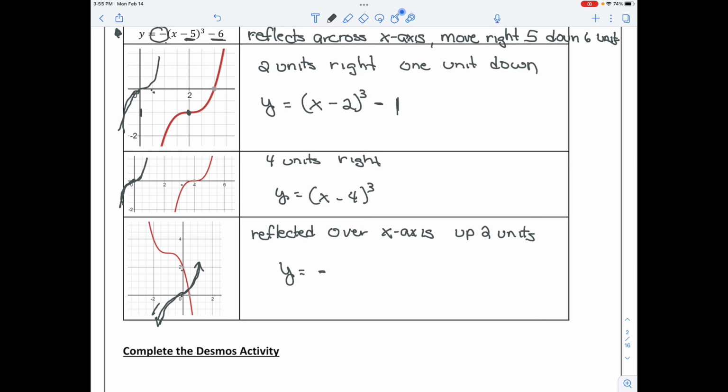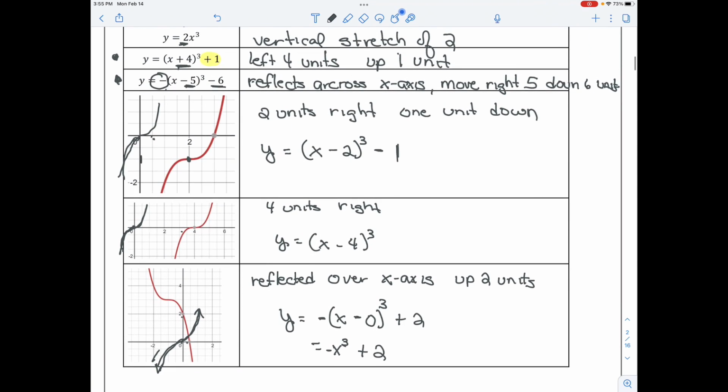The reflection over the x-axis would be that negative in front of the x. And since I didn't move it left or right, this would be (x minus 0). And I moved it up 2 units. So this would be negative x cubed plus 2.